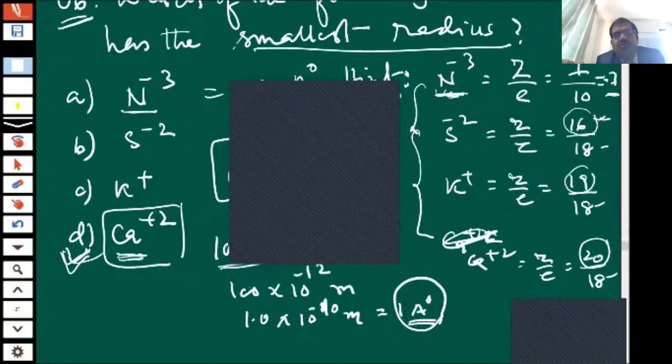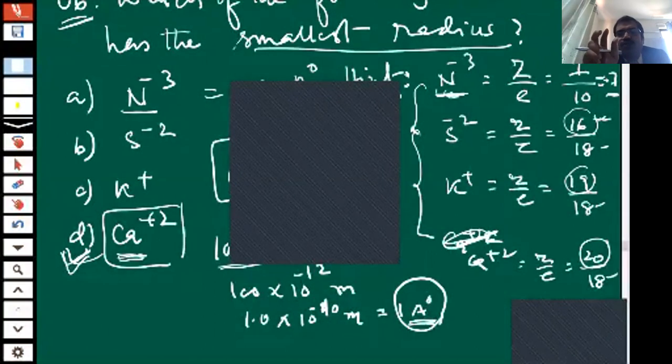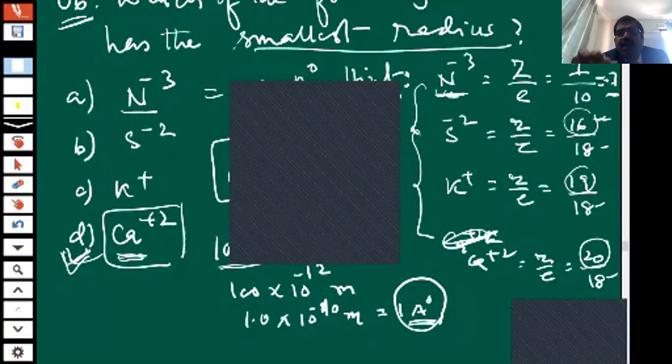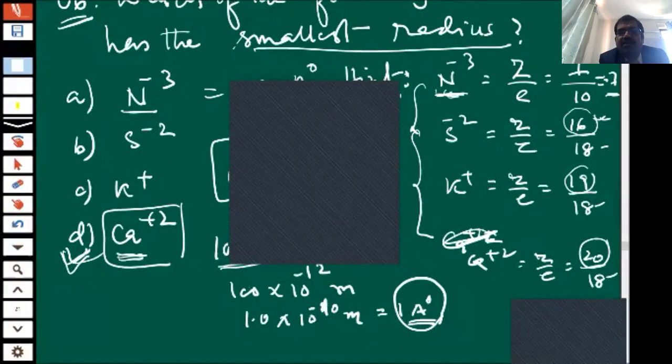And final opinion will come from the data. Please see the data of N minus 3, S minus 2, K plus, and Ca plus 2. Then only you will get a proper idea, children.